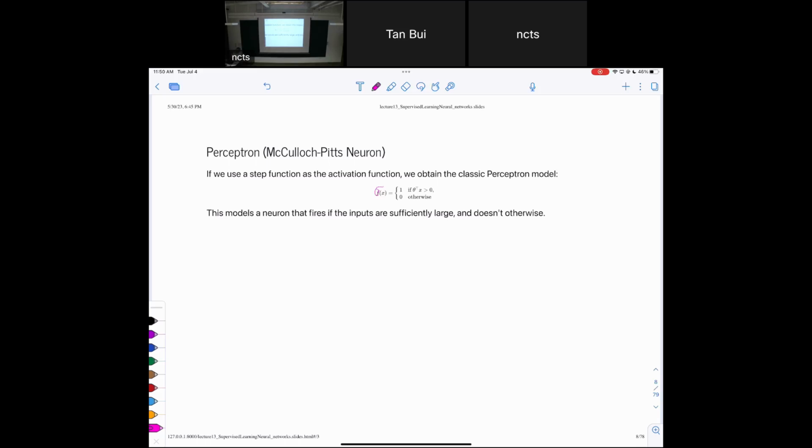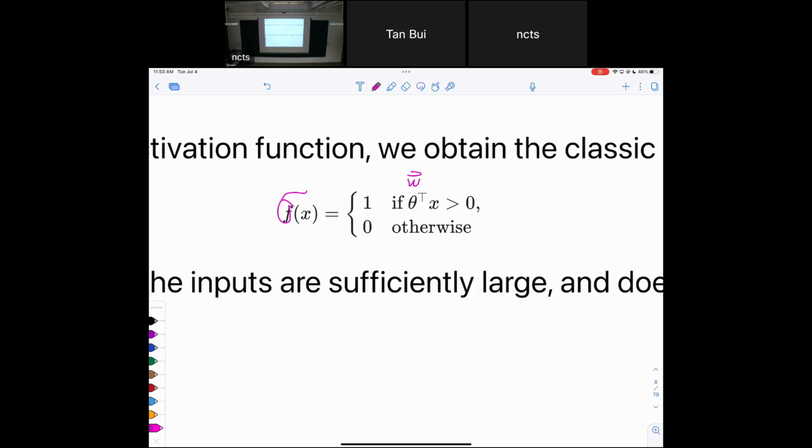So when the affine combination is greater than 0, like the potential is over some threshold, this threshold is 0, then it fires information. The function is 1. Otherwise, the neuron does not fire, so it is 0. Very simple idea.